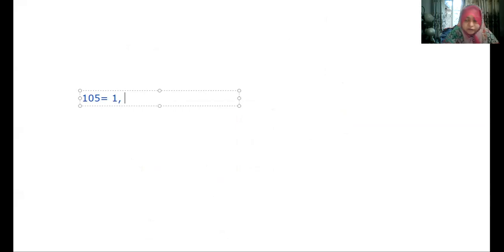Its factor is also 5, and if we divide it by 5, what answer do we get? Because we know that factors exist in pairs, the next number that we get is 21, and as 21 is not prime, it can also be split into other numbers, so it is divisible by 3.